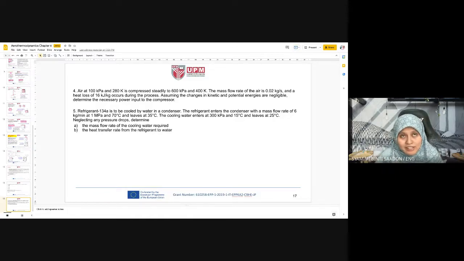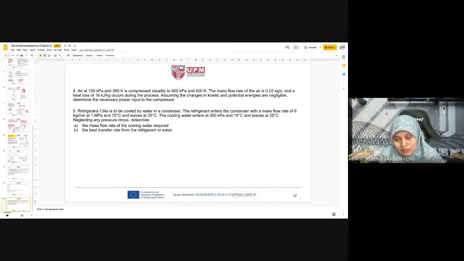So it's actually the power used by the compressor. For example, in our house we use aircon, refrigerator. So the electricity power used, to calculate the electricity power used by our house, refrigerator, aircon, etc. So here it is from the power of the compressor, power input in the compressor.